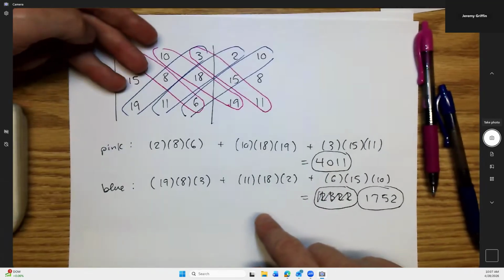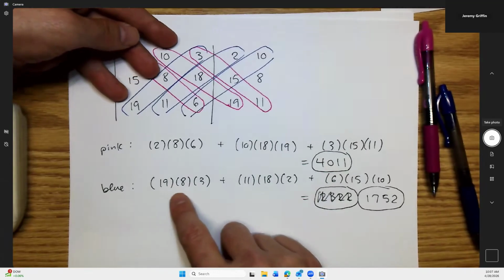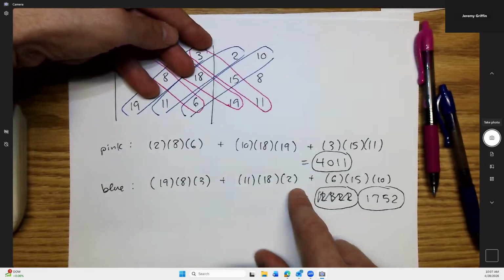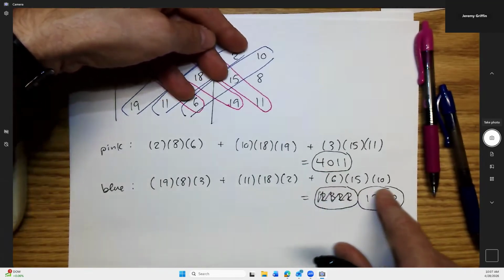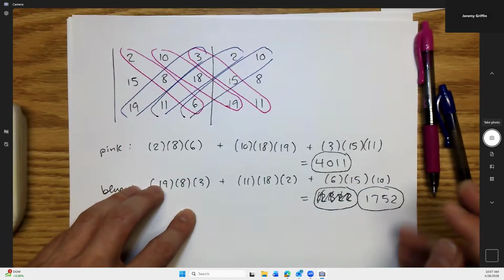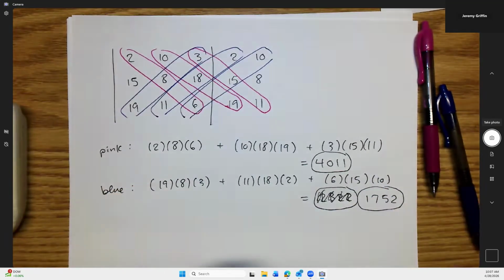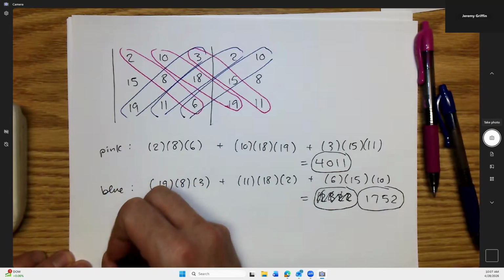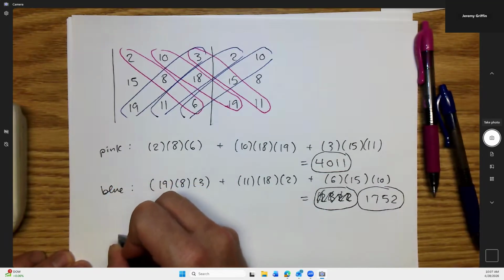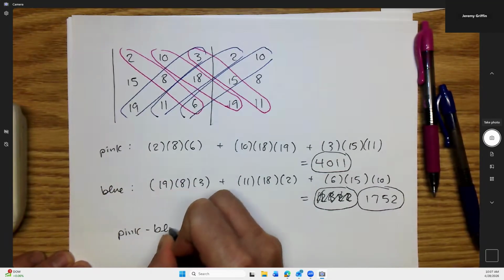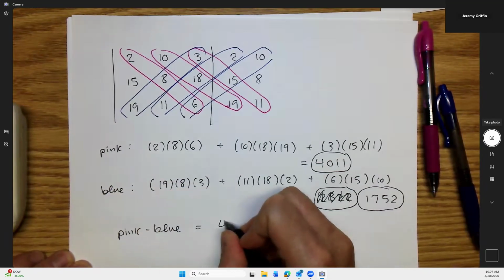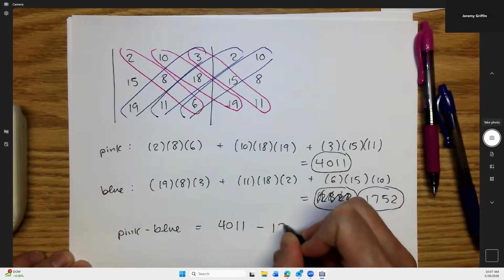Okay. Now switch over to the blue diagonals. Got 19, 8, and 3. 11, 18, and 2. 6, 15, and 10. From that, I got 1,752. Finally, the last step is that the determinant of the matrix is the pink minus the blue, which is 4011 minus 1752.